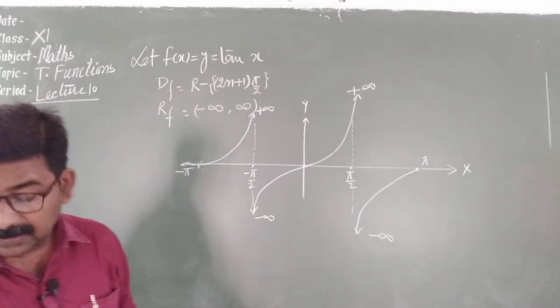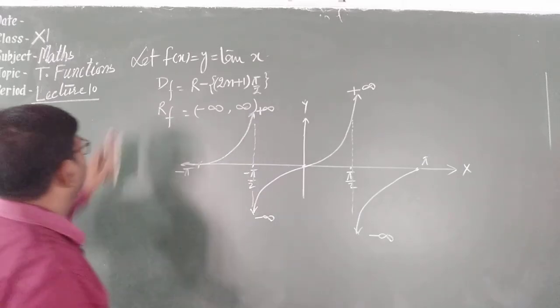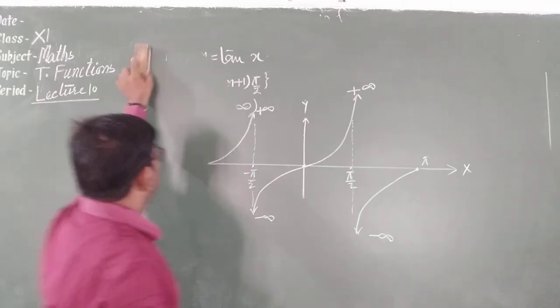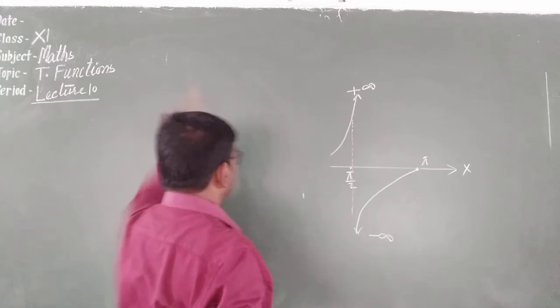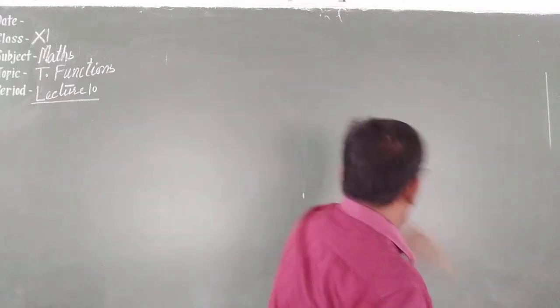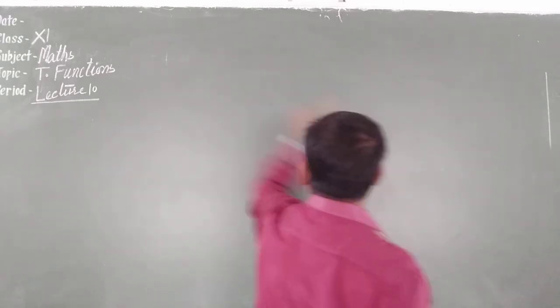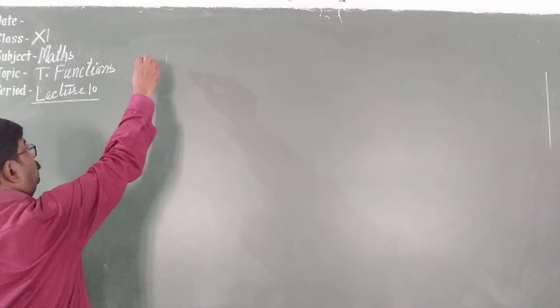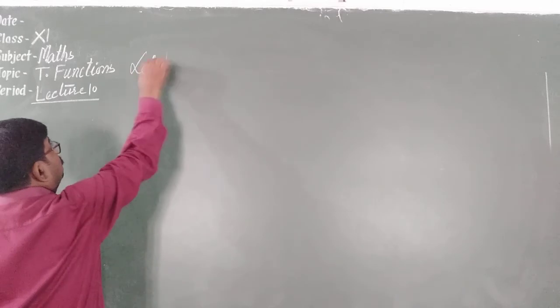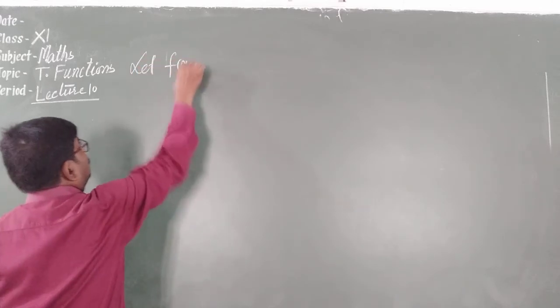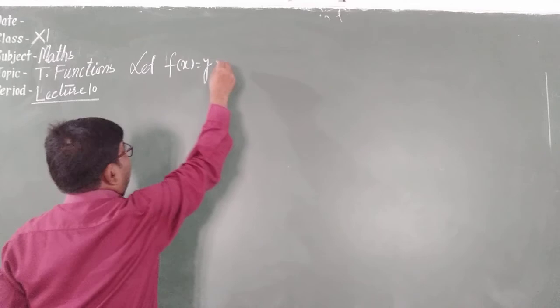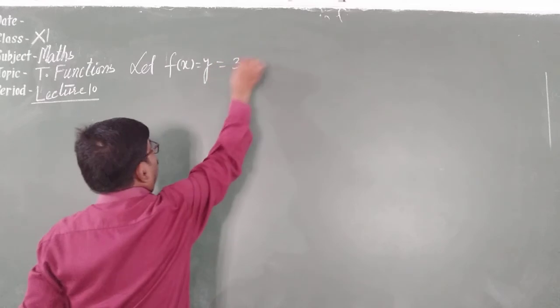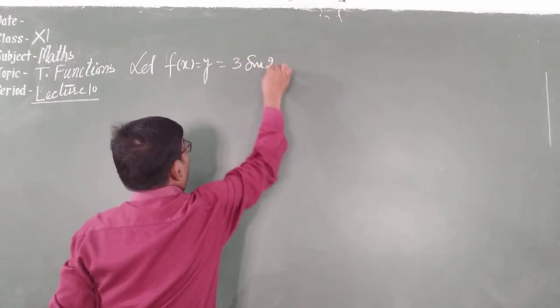Now let's see one more type of graph. Sometimes you are given a function to plot like this. Let f(x) = y = 3 sin 2x.